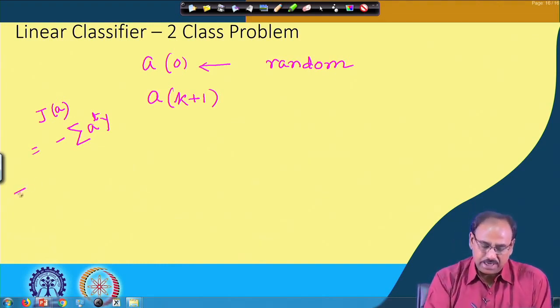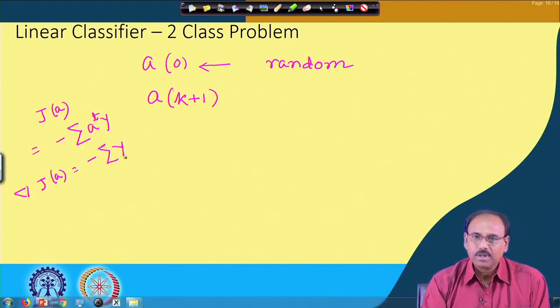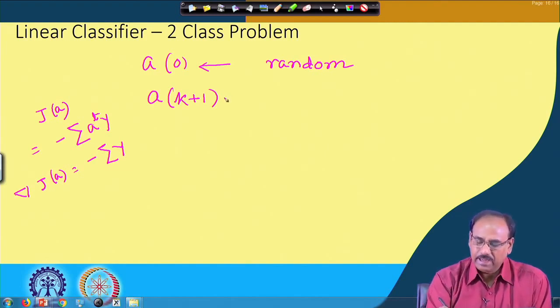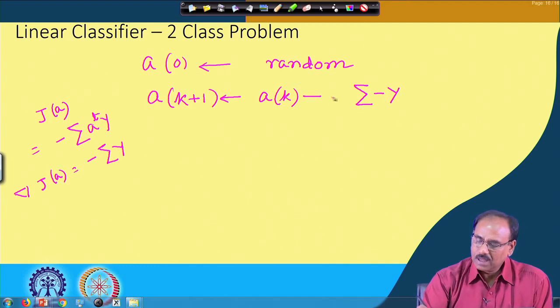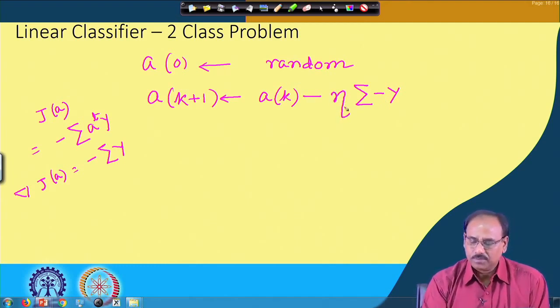So, the gradient of J(A) we have seen was minus the sum of y for all y which are misclassified. So, I can get A k plus 1 from the previous value A k as A k minus the sum of y, and I can put a rate of convergence which is eta.